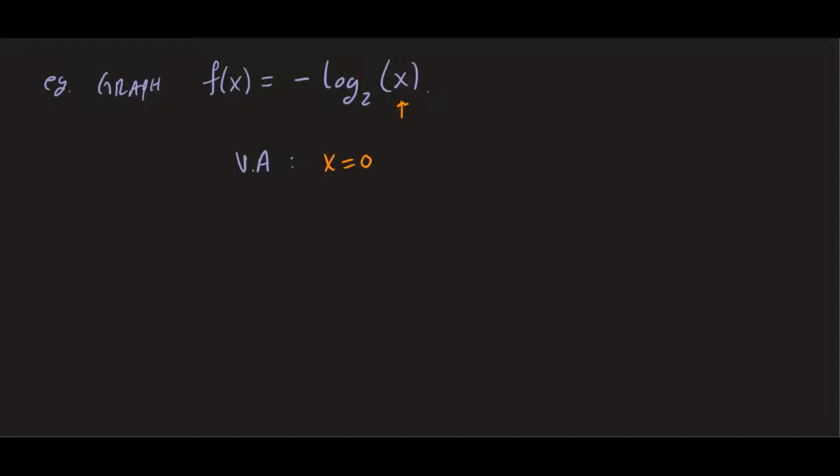So let's go ahead and graph. We're going to start off with the basic shape. A logarithm of any base greater than 1 will have this shape. We can call this log base 2 of x. The negative in front of the logarithm means that we're going to reflect the function about the x-axis.